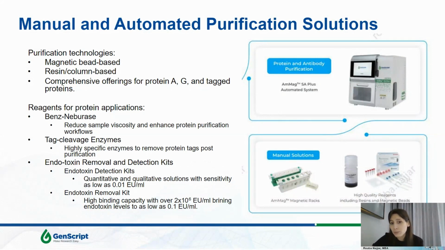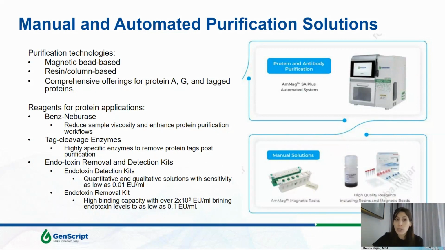We also have quite a bit of different reagents for protein applications. For example, we have an endonuclease, what we call the Benzonuclease, that reduces the viscosity of your sample, especially if you're working with a bacterial culture lysate, because of course there's typically a lot of viscosity in that sample because of the cell debris as well as the DNA contamination or RNA contamination.